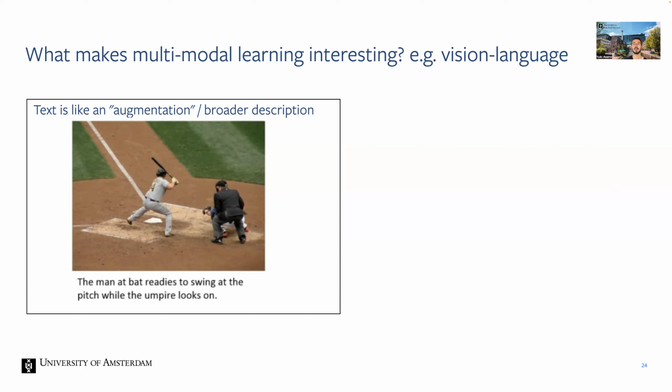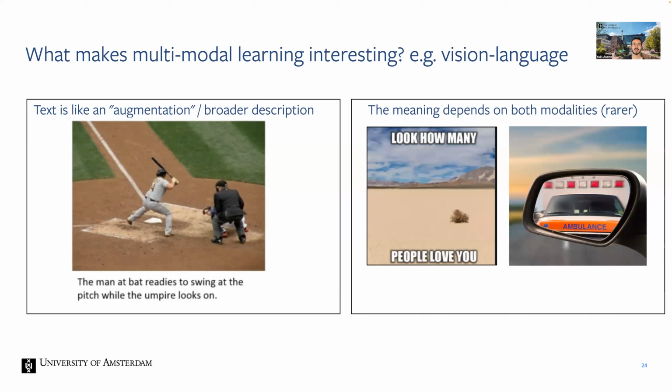Another reason why modalities are useful is that the meaning can depend a lot on using both modalities. For example, on the left, I'm showing this image from the Hateful Memes Challenge of Facebook, where they made a challenging data set where a model needs to understand both the visual modality and the textual modality in order to make sense of whether this is hateful or not.